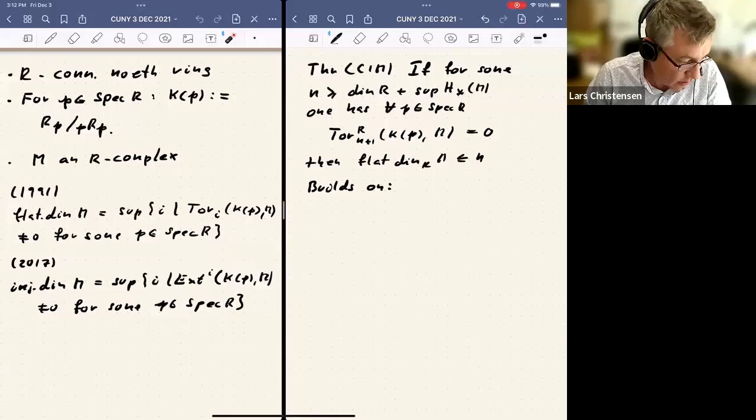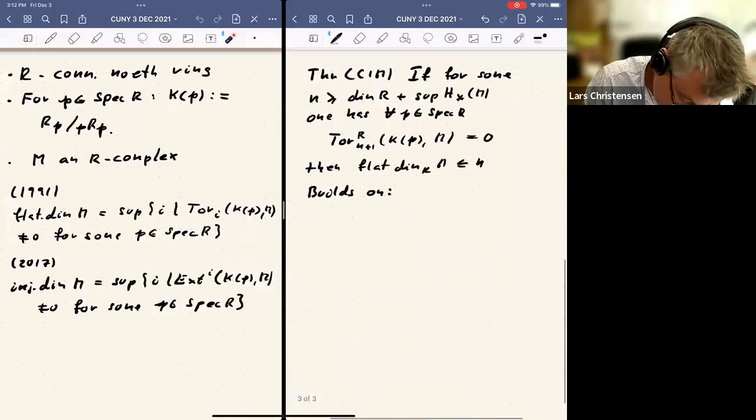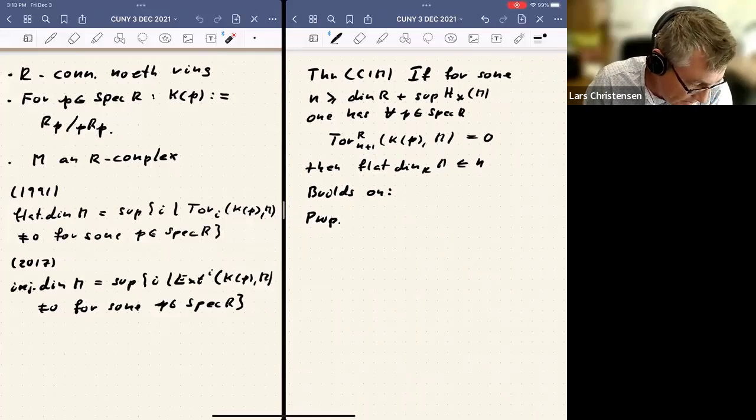So it builds on a result also from the same paper that says that, R, m, k is going to be local.